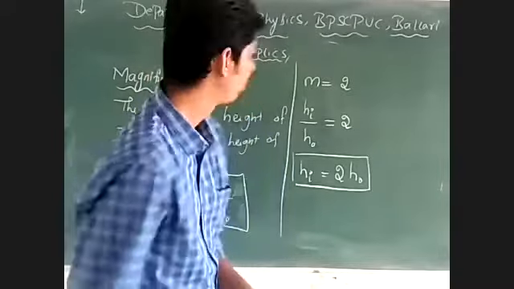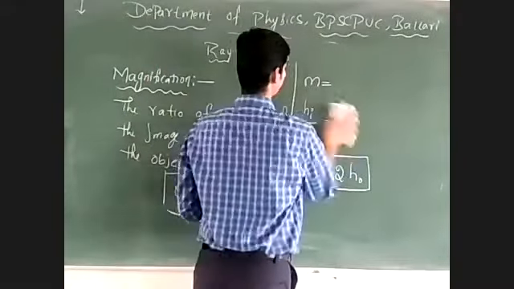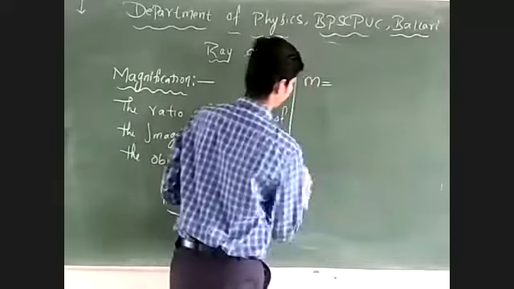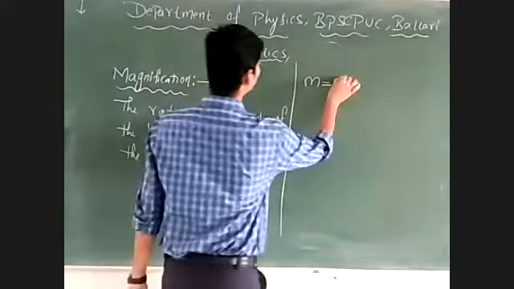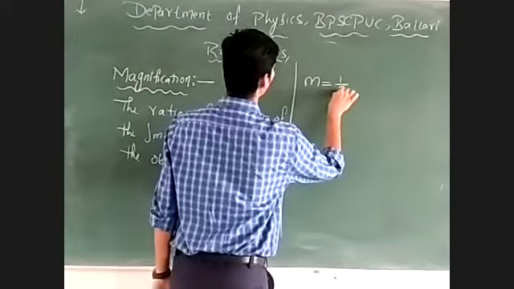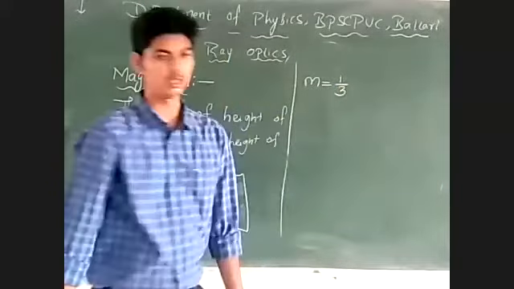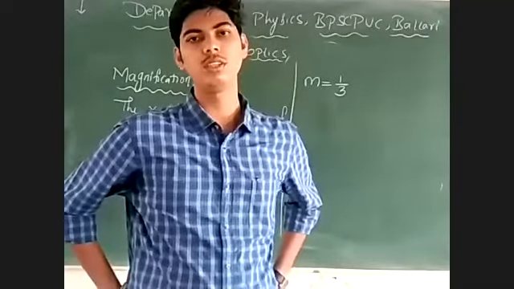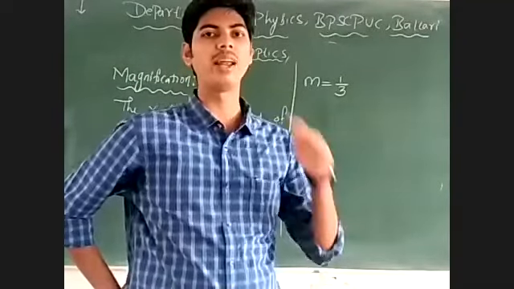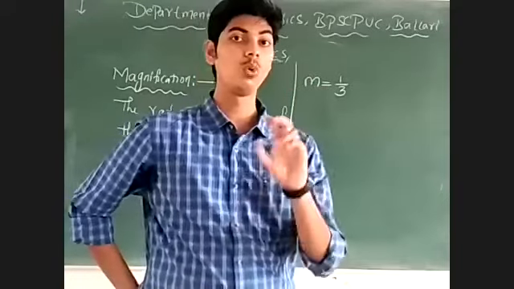Suppose this was the situation. Suppose in some situation the magnification is observed to be equal to 1 by 3. How do you analyze it?